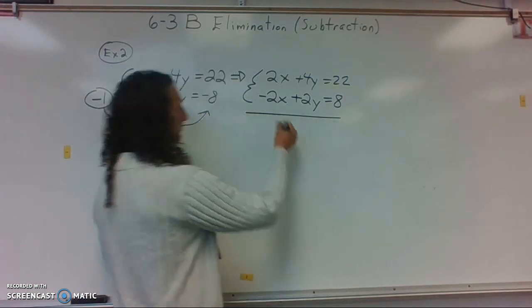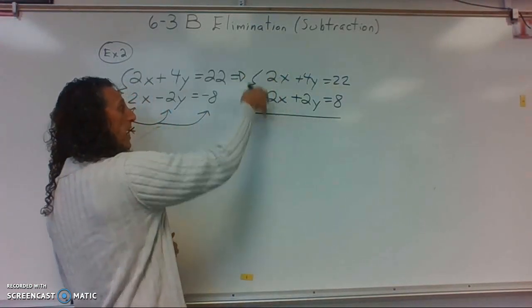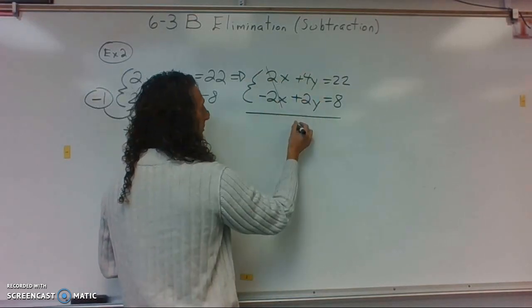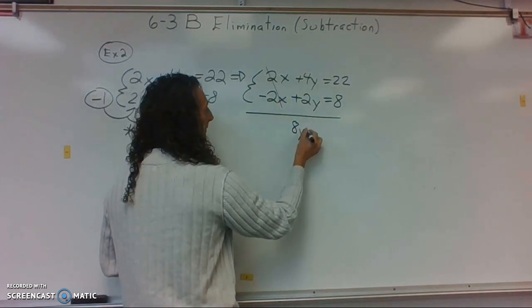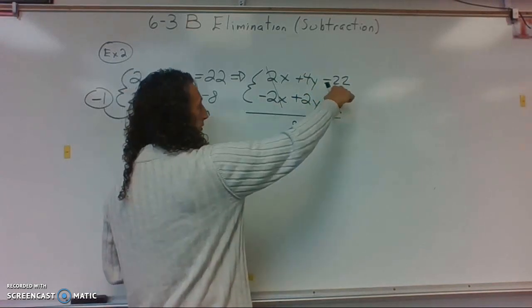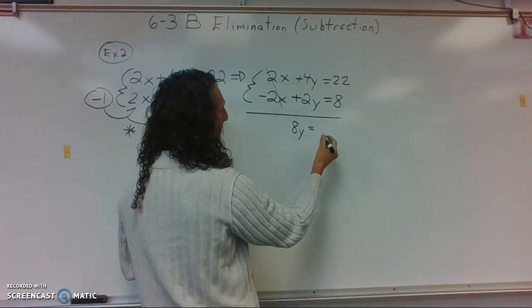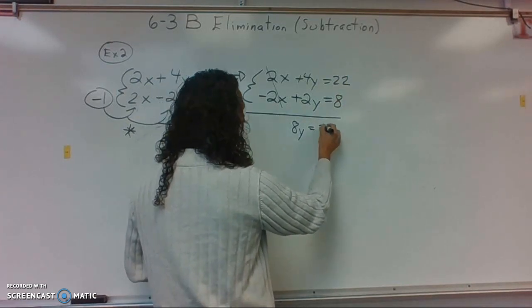So here we go. Again, these are opposites, so they cancel each other out. 4 plus 2 is 8y equals, then you just add these up. 22 plus 8 makes a 30.